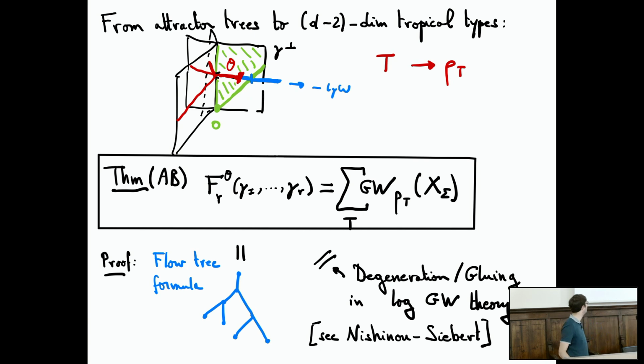And just one line about the proof. The proof of this result matches two stories. First, the story I described last time, which was giving a more explicit description of this f_r theta coefficient in terms of the flow tree formula involving these binary trees. And the claim is that this formula can be matched to a degeneration calculation of these log Gromov-Witten invariants.